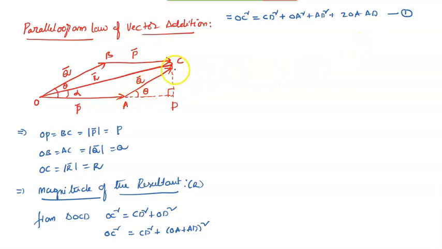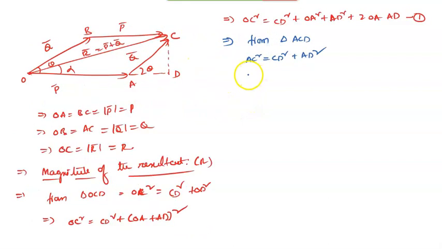Now come to the triangle ACD. From triangle ACD, AC square is equal to AD square plus CD square. From the same triangle, cos theta is equal to adjacent side AD by hypotenuse AC.